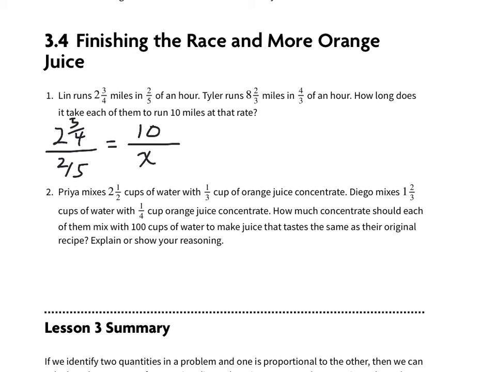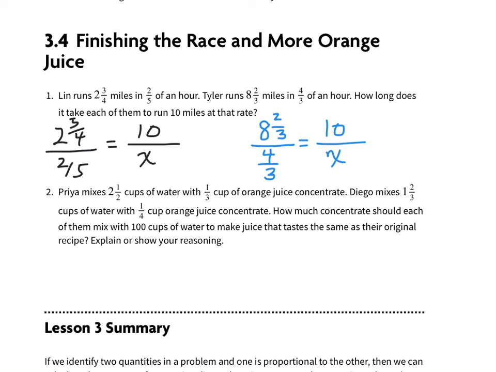For Tyler, same thing, just different numbers. We have the number of miles he ran, 8 2/3, on top, in 4/3 of an hour. How long will it take Tyler to run 10 miles? So we're looking for our unknown x, okay?